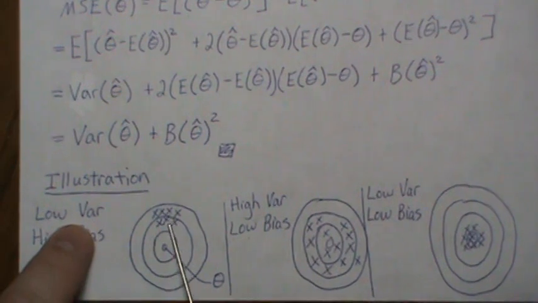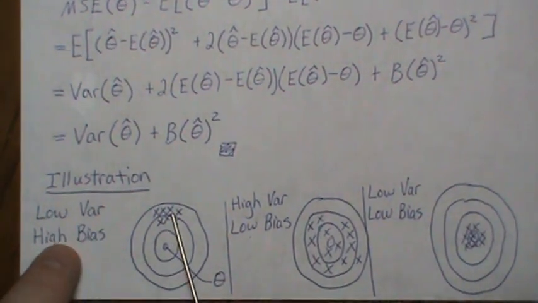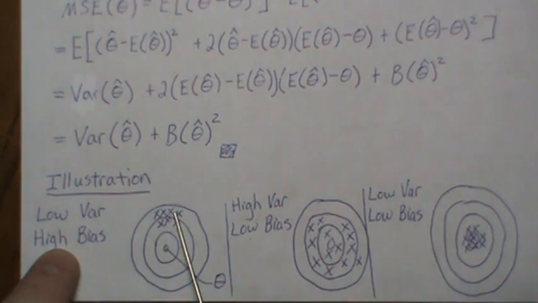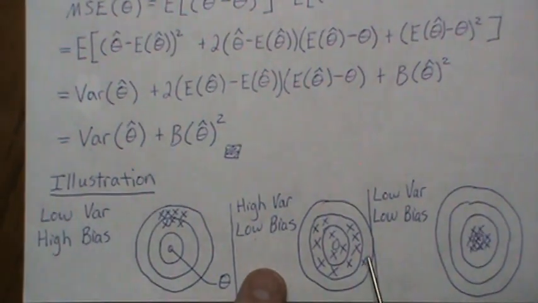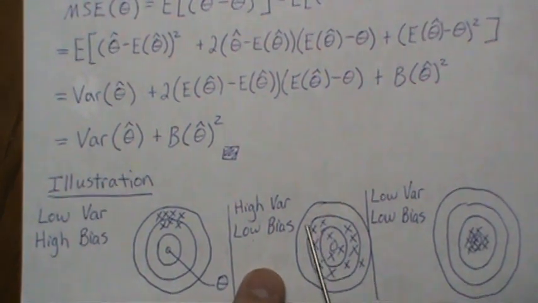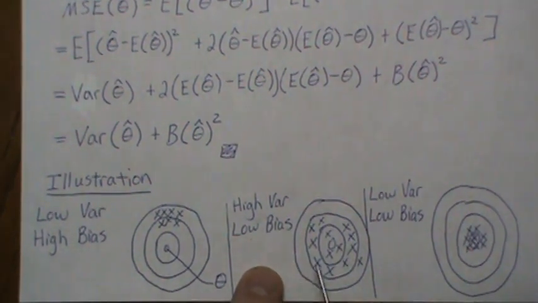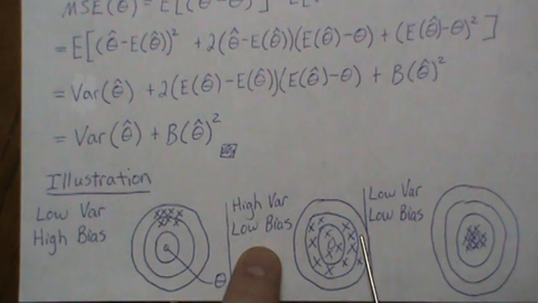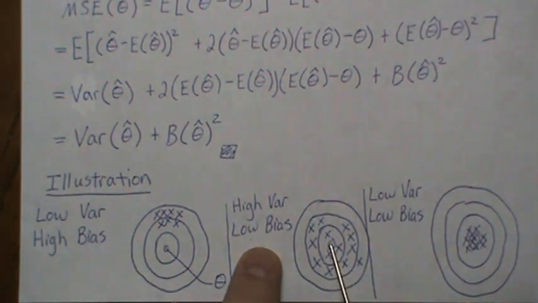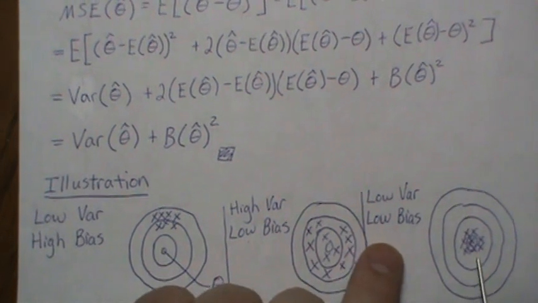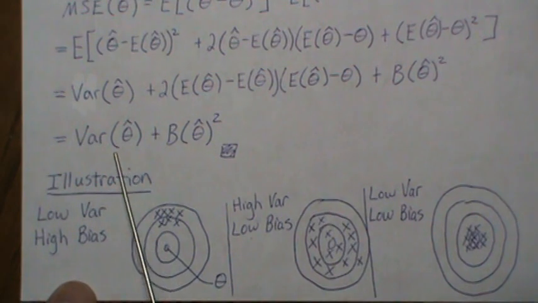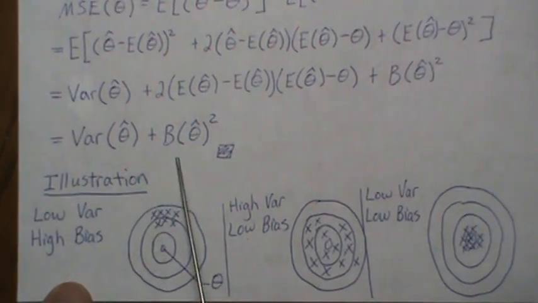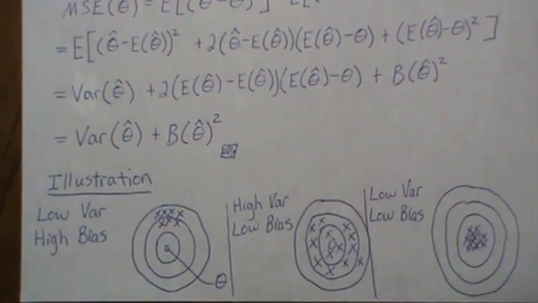So it has low variance because they're nice and tight, but it has high bias because it doesn't equal our theta parameter. Here it's high variance and low bias, right? See how spread out they are, so it's high variance, but low bias means on average we're right on this theta. And here is low variance and low bias. And that's a graphical illustration of those two components combined.